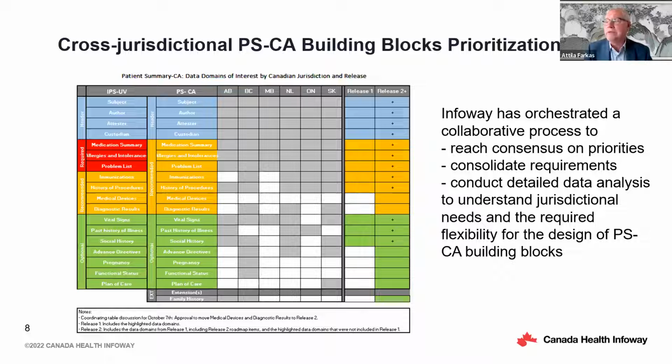So if a patient sees their primary care physician and says, I want to change my advanced directives and emergency departments need to know about this, well, problem list or medication history may have no relevance there, right? So why force it to be included in order to create a specific patient summary for a particular event? So those were the considerations. So we relaxed those a little bit, but in terms of alignment and content, they're very, very close to IPS.